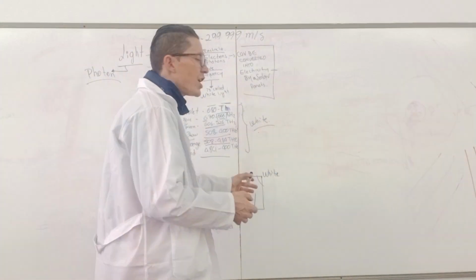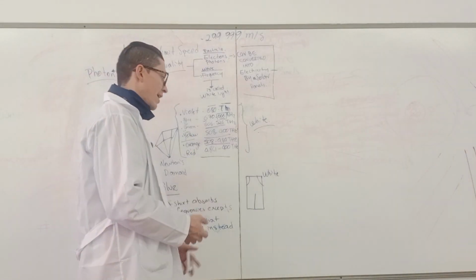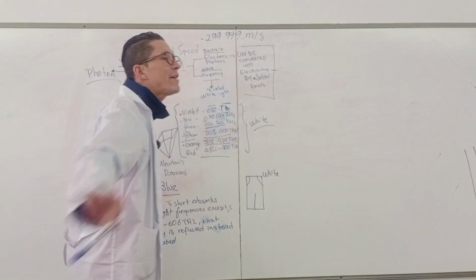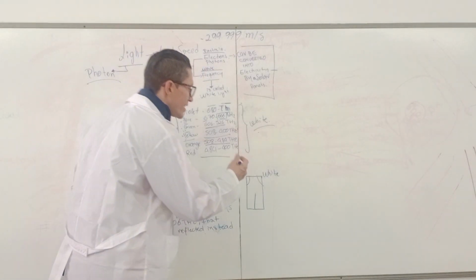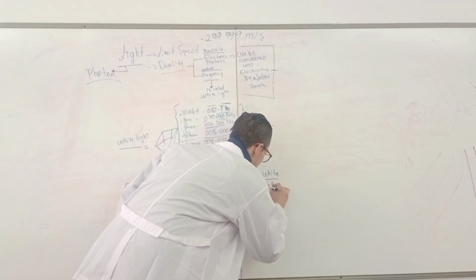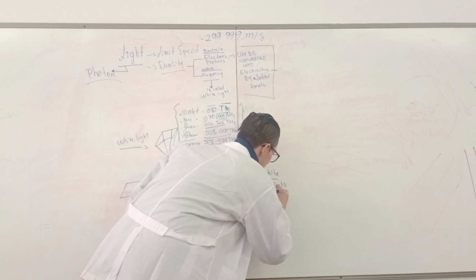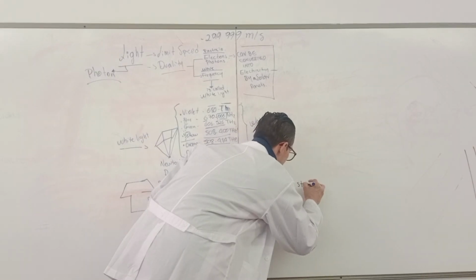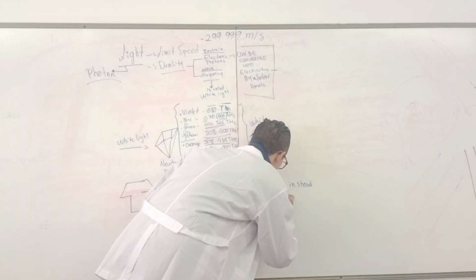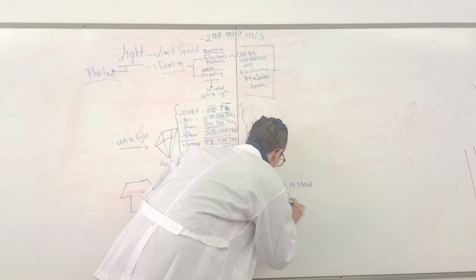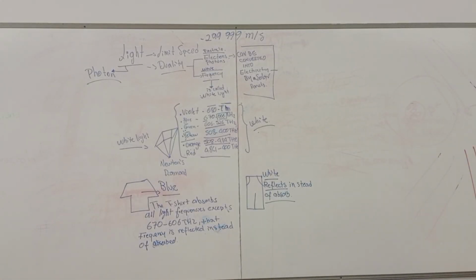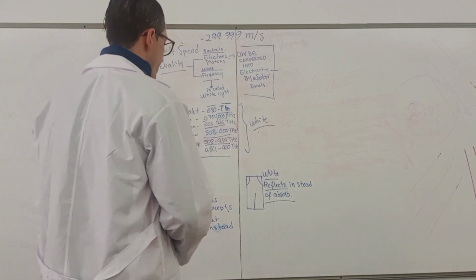If the jean is white color, it means that it doesn't absorb any frequency because white reflects in a state of absorb. Okay? Then white reflects in a state of absorb.